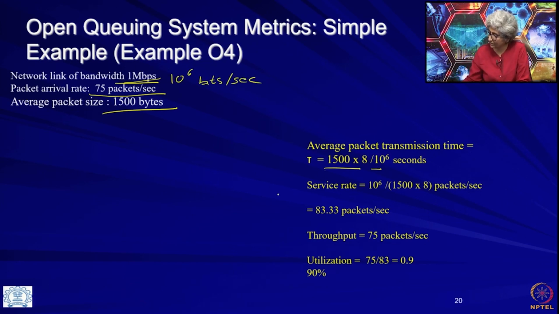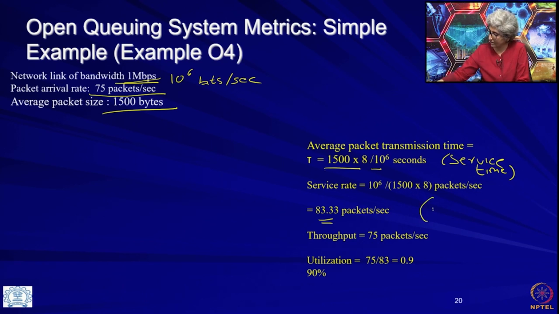Then I am calculating the service rate as 1 over tau. Remember, this packet transmission time will become the service time, and 1 over tau is going to be the service rate, and that is reciprocal of this, and this calculates to 83.3 packets per second.